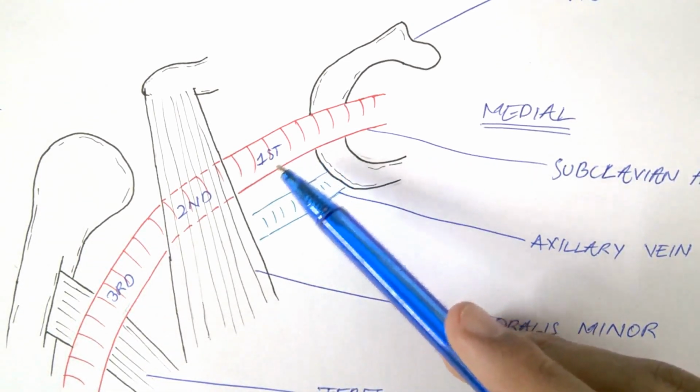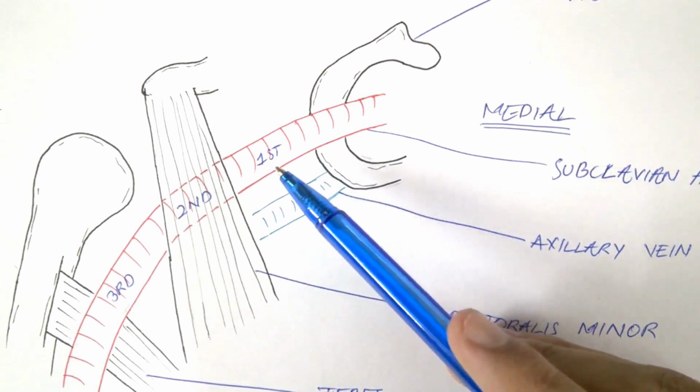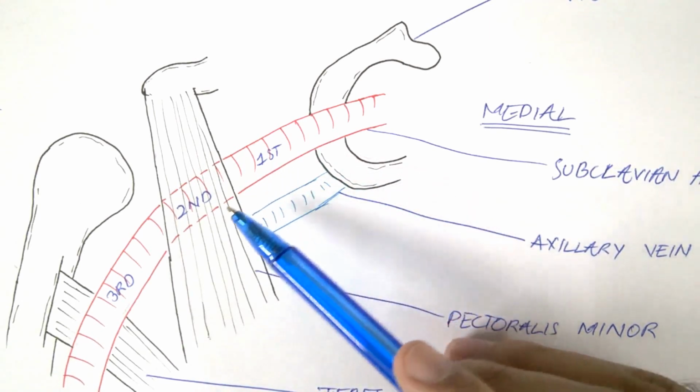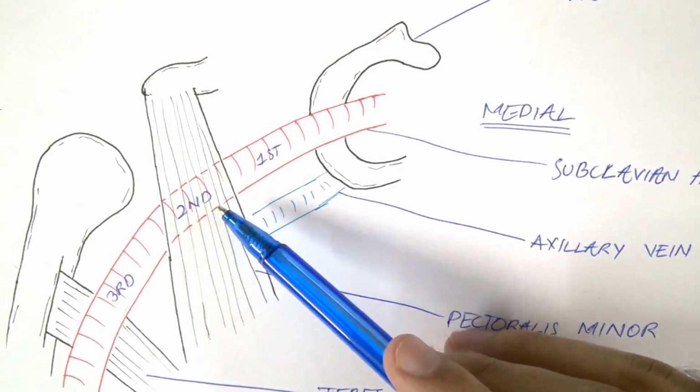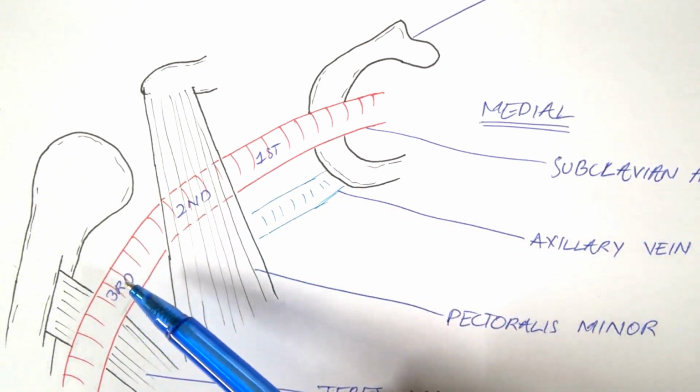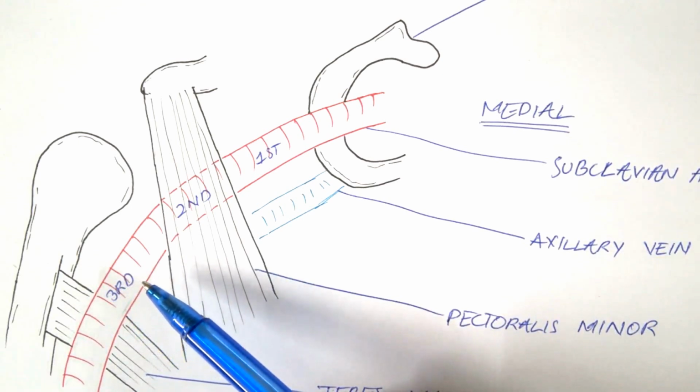The part that is before the pectoralis minor is the first part. The part that is behind the pectoralis minor is the second part, and that which is after the pectoralis minor is the third part.